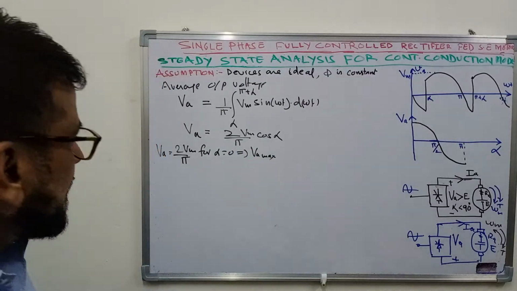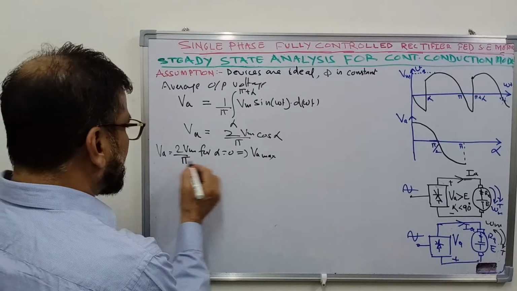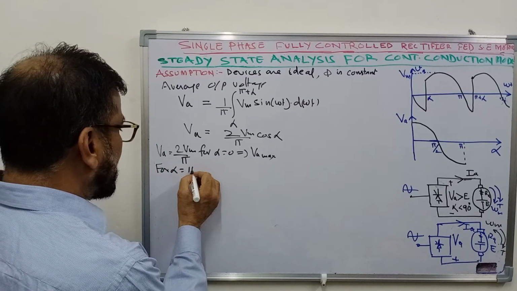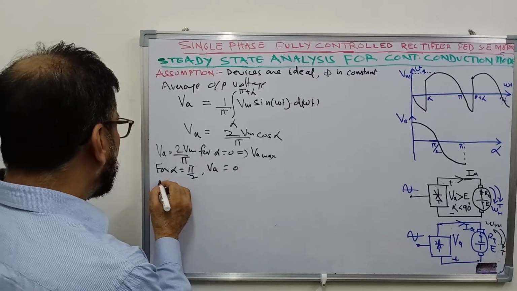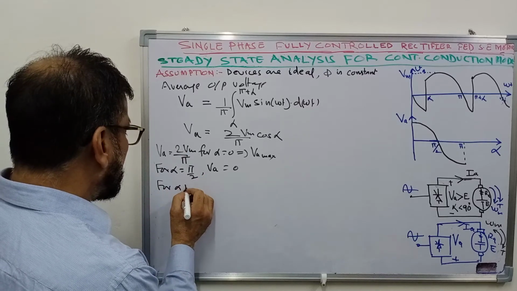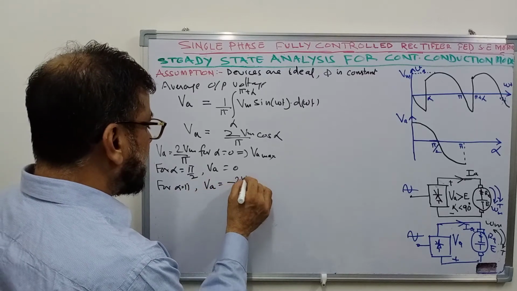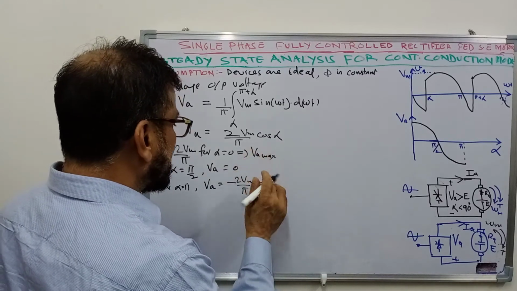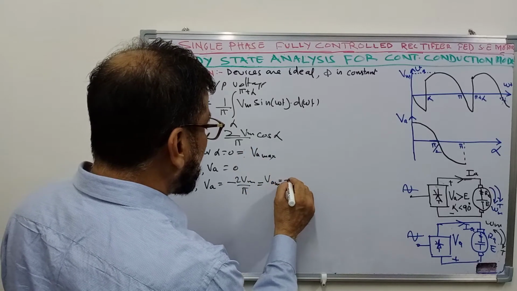The maximum value of average output voltage will be for alpha equal to 0, and for alpha equal to 90 degrees, or pi by 2 radians, Va will be equal to 0. For alpha equal to pi, what is Va? Va will be equal to minus 2 Vm by pi, that is Va minimum, equal to minus of Va max.